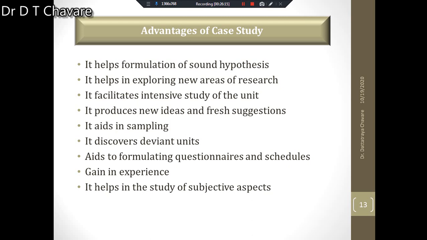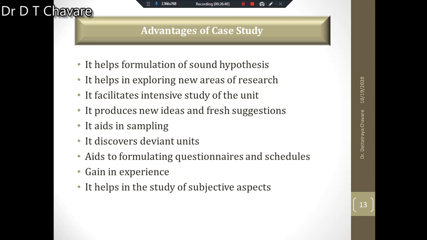That's why this is the second advantage of the case study. Then the third advantage we have to understand, it facilitates intensive study of the unit. Case study enables in-depth analysis of the social unit and enriches the knowledge pertaining to those units for the further use of policy formation. It means that it facilitates intensive study of the unit.